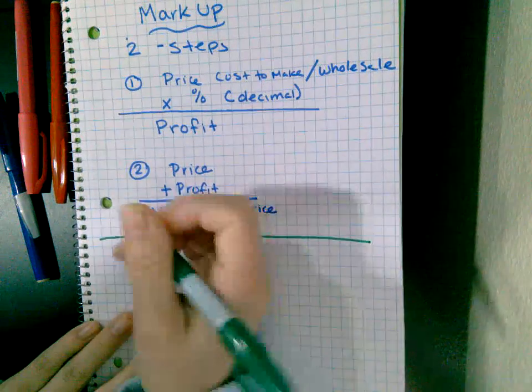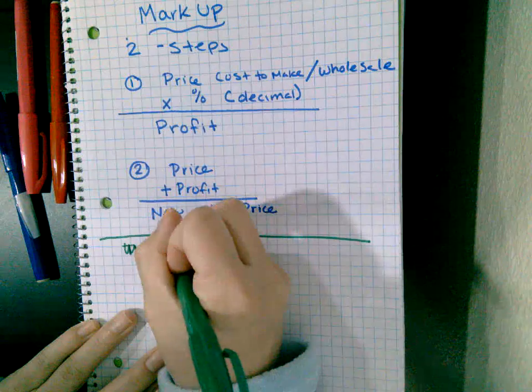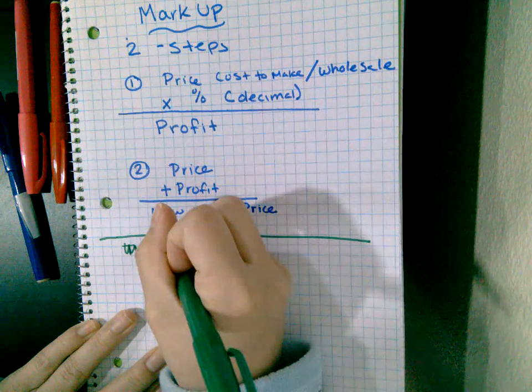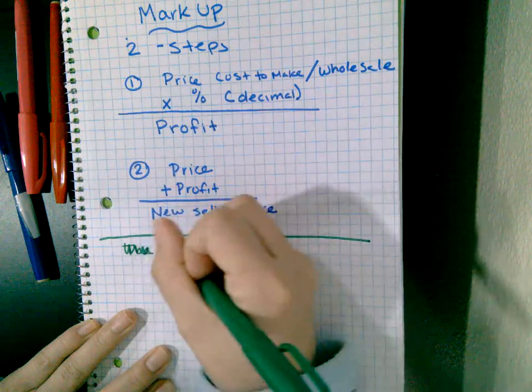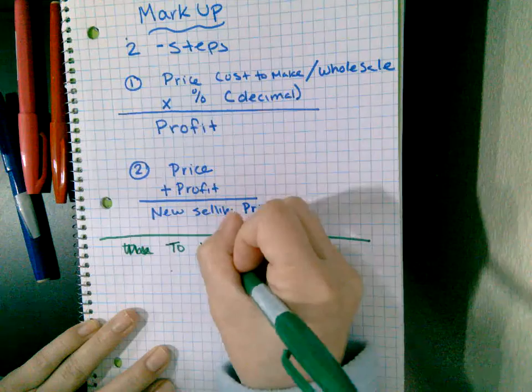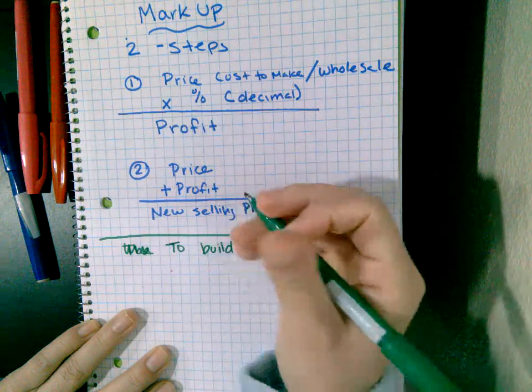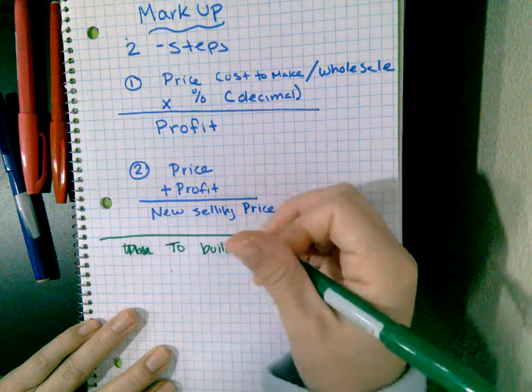So let's say the cost to make, to build, to produce, to manufacture. I think the word was manufacture.